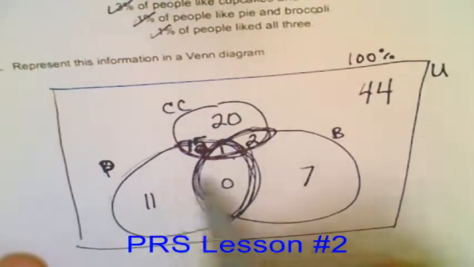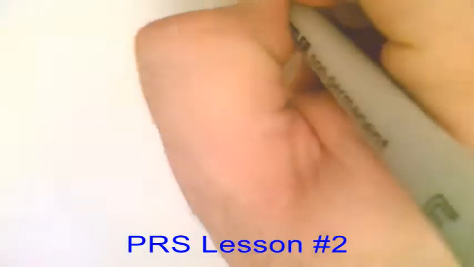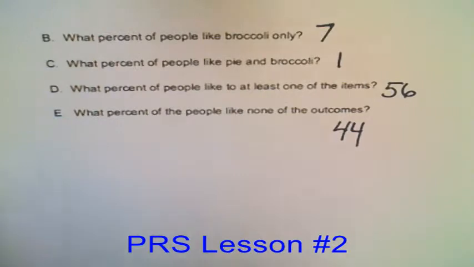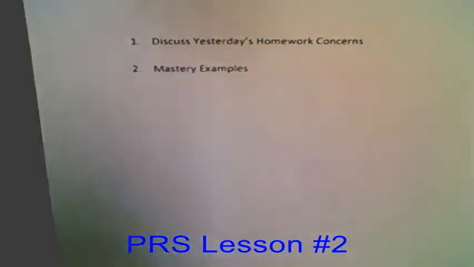Okay? So from there, using this Venn diagram, you have the Venn diagram on you, so I'm just going to put it off over here. What percent like broccoli only? So broccoli only is this circle here, that's the 7, so 7% like broccoli only. What percent like pie and broccoli? So I go over here, pie and broccoli is here, so that's 0 plus 1 or 1%.